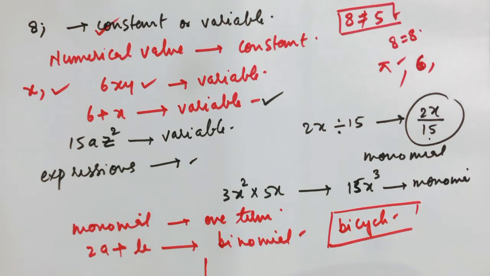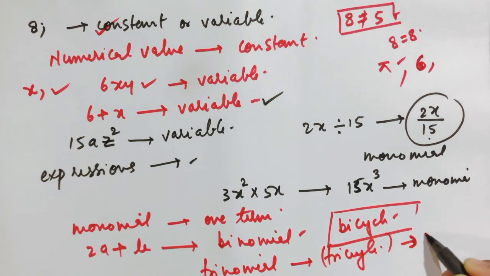Similarly, trinomial is like a tricycle, having three terms. So a monomial has one term, a binomial has two terms, and a trinomial has three terms.